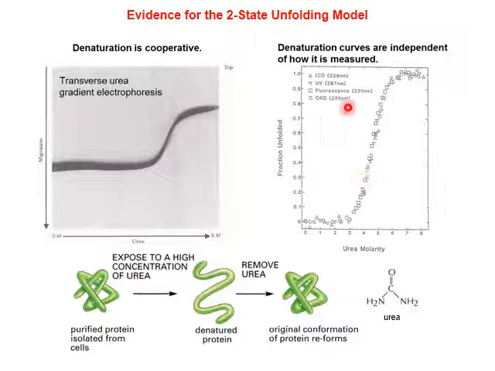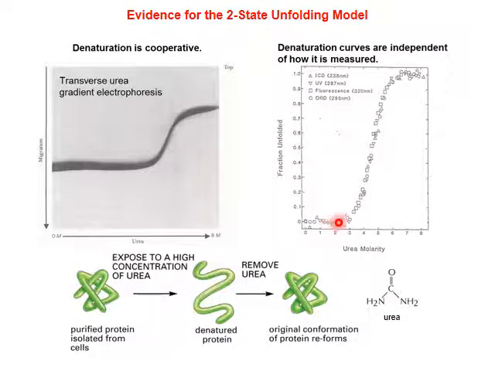There's also a technique called circular dichroism that can help us look at secondary structural elements of proteins. If those secondary structural elements are no longer there, we're going to see a change in the circular dichroism measurement, and we can monitor that as well.